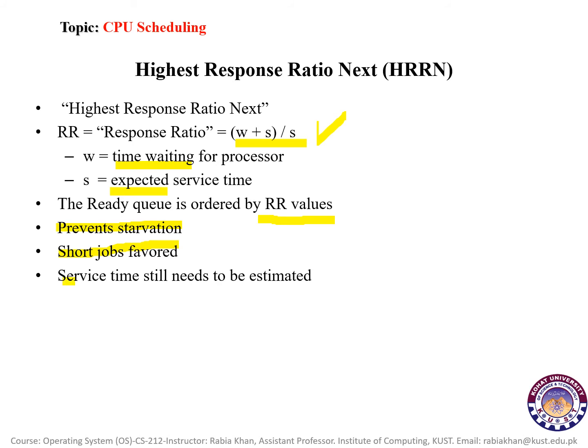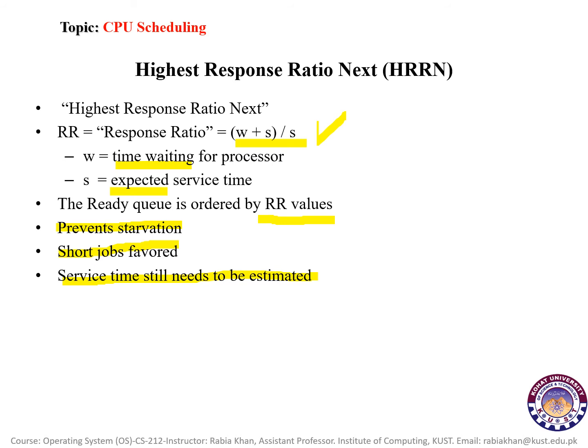But still, as I just said, total CPU time is a predicted time. It is not an accurate time. So the service time or execution time of the process needs to be estimated. It is not 100% accurate, it is just a predicted time.